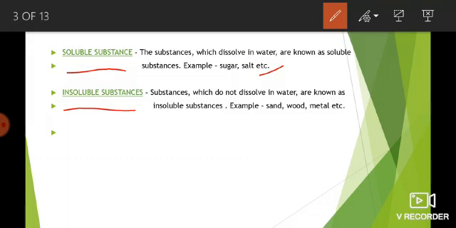Now, whenever anything dissolves in water, it's not that any quantity of that thing can dissolve in a given amount of water. There is a certain limit of dissolving anything in any given amount of water. So based on this feature, there are 2 new terms.